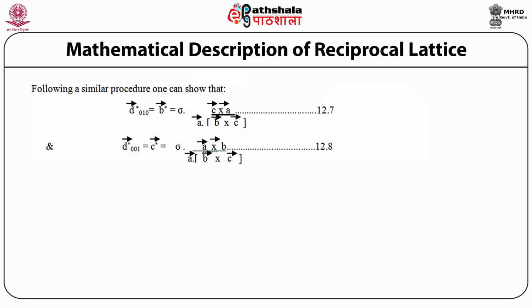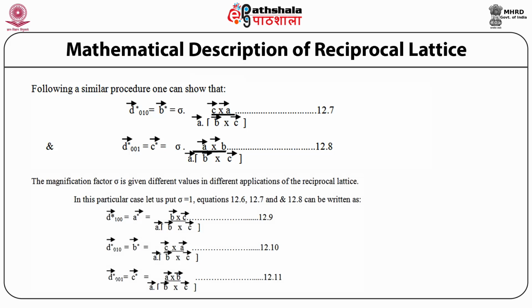Following a similar procedure, one can show that d star 010 vector equal to b star vector equal to sigma into c cross a upon a dot b cross c, which is given as equation 12.7, and d star 001 vector equal to c star vector equal to sigma into a vector cross b vector upon a vector dot b vector cross c vector, which is given as equation 12.8.